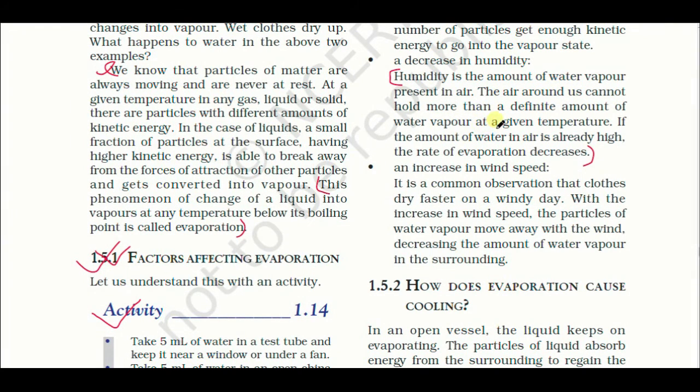There is a maximum value, and above this value it cannot hold any more water vapor. So if our atmosphere already contains a high amount of water, it cannot take more, and the rate of evaporation will decrease. So with an increase in humidity, the rate of evaporation will decrease.